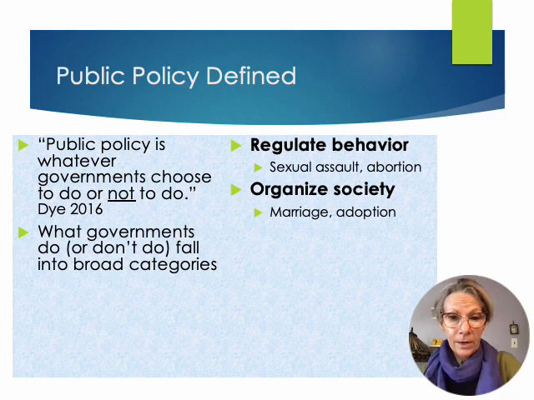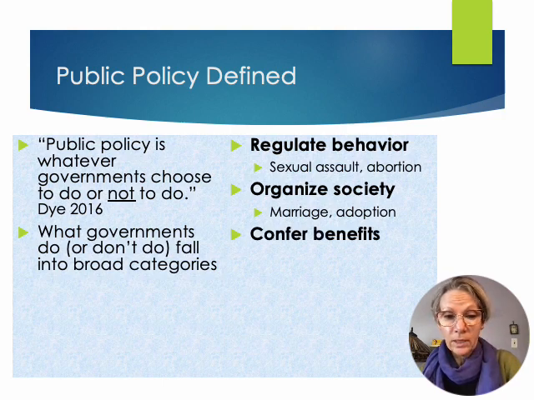You can't marry first cousins, those sorts of things. I've also had students in the past write about how, in some states, as long as you have parental consent, children can get married, right? All of those are examples of how society is organized, sometimes in terms of marriage and family, adoption as well. And government and public policy has a say in how those marriages and adoptions are organized within our society.